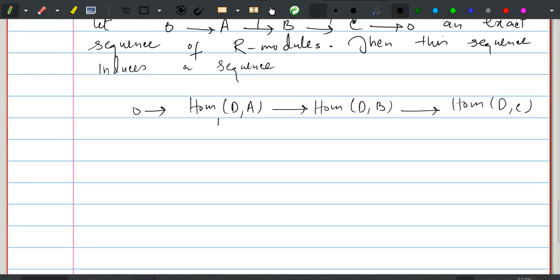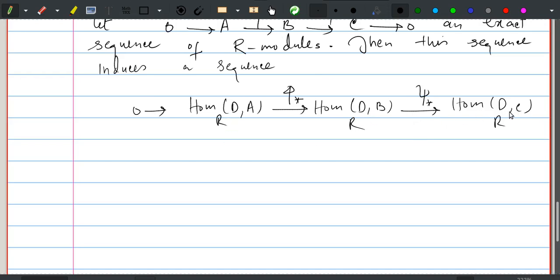So these are our modules. This is map phi star, this is psi star. So we have to prove this sequence induces this sequence.